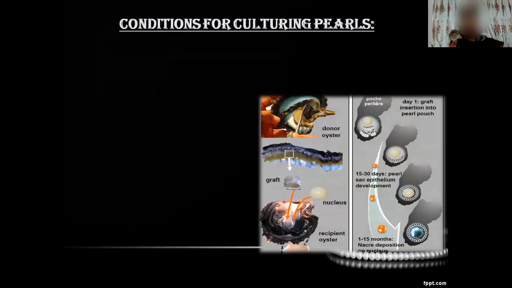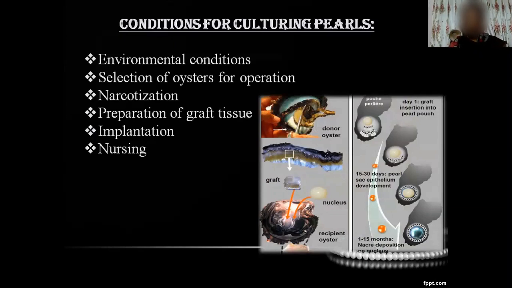Now there are some conditions for culturing pearls. We have to take care of environmental conditions that include temperature and acidity or basicity of the water, as there are two types of pearls, freshwater pearls and saltwater pearls. Then selection of oysters for operation. We have to find oysters that are healthy for the production of cultured pearls.